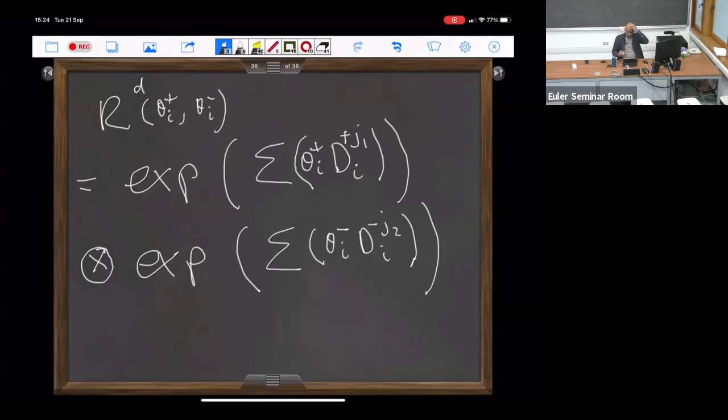So the first exponential is simply the matrices of the 2J1 plus 1 dimensional representation of SU2. This second one is the spin J2 representation of SU2.